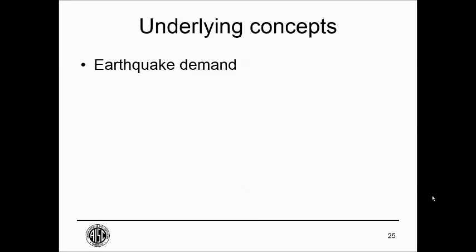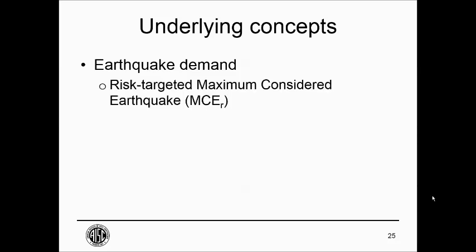Okay, so we have this very rare event, the maximum considered earthquake, and adjusted for risk. We also adjust it for the local soil conditions. Soft soils tend to move more than stiff soils, and that will have an effect on how the ground motion is communicated to the building.